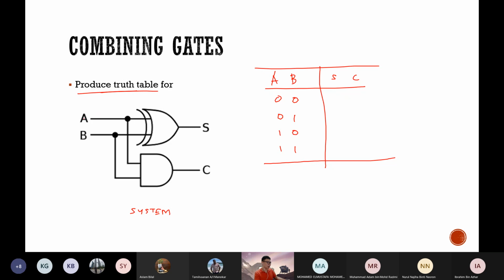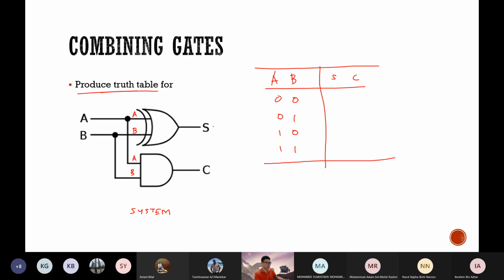All right. So we see over here that the output C is coming from this A, B. So here we have A, B. Okay, the output S is also coming from A and B. Okay, so what is the output S?